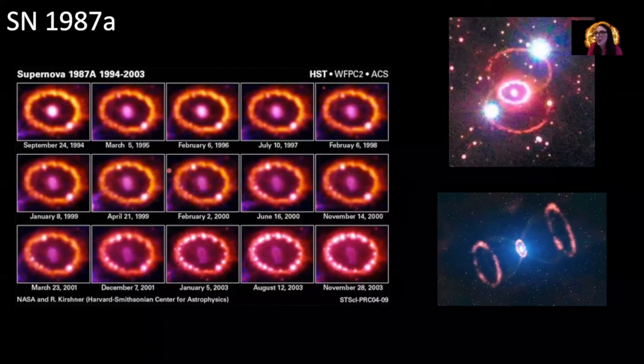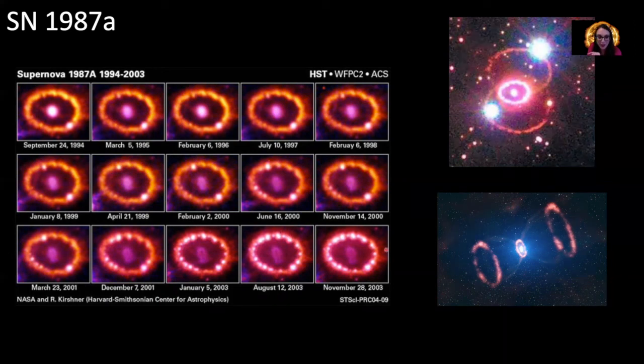And here's another supernova remnant. This one's called Supernova 1987A. This one's really cool because over the course of 1994 to 2003, we see that there's this ring of material surrounding the central neutron star here. And that ring of material that you're seeing here is changing still over time.